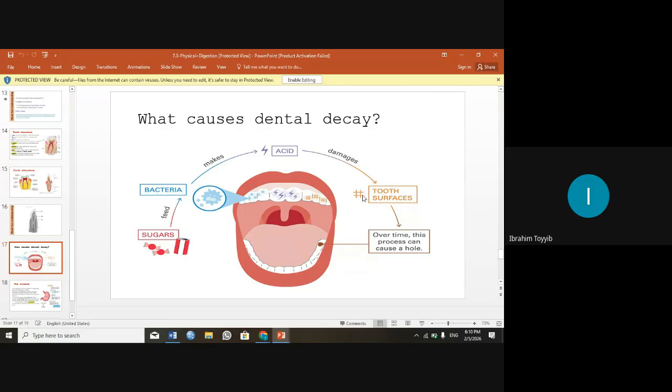It will line the tooth surface, and over time this process can cause a hole in the tooth. That's why it is advisable to brush after eating, to wash away the bacteria and the leftover food. The acidic medium can cause tooth decay.